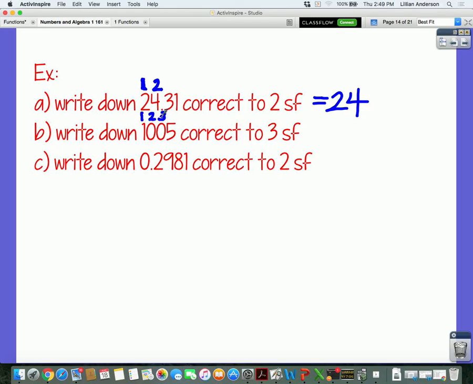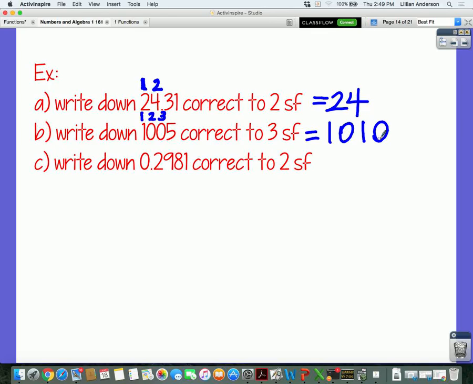I look at the number after, which is 5, and I'm going to determine that I need to make the 0 a 1. But this number of 1,005 is not going to turn to 101. No way you can go from a number in the thousands to a number in the hundreds. It's going to be 1, 0, 1, and then a 0.